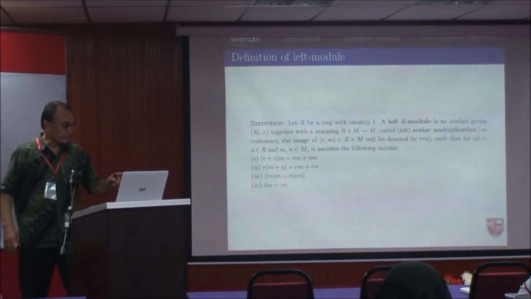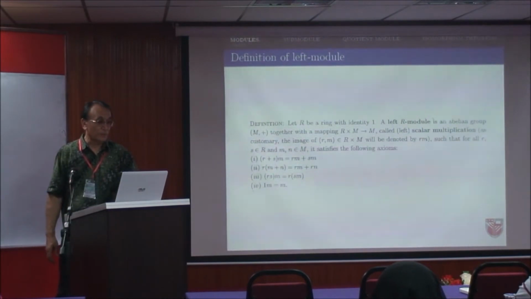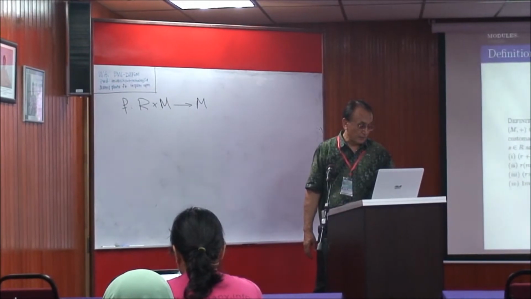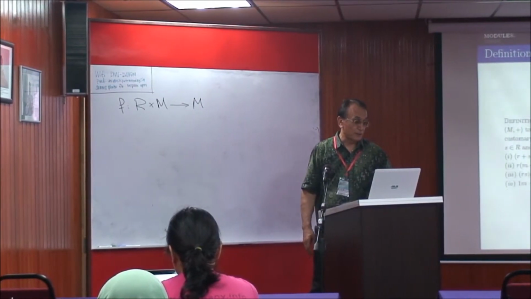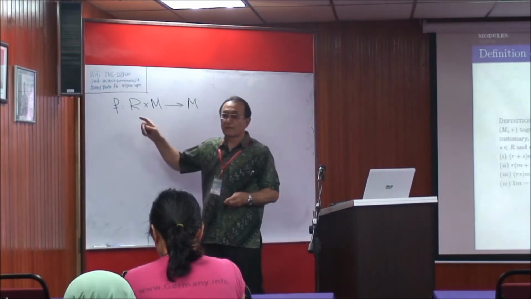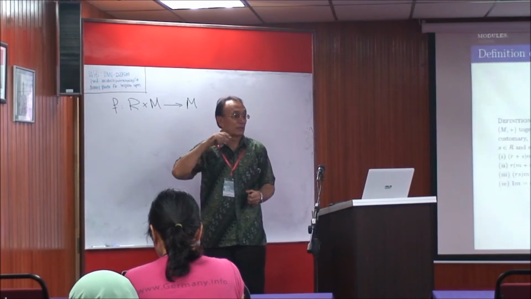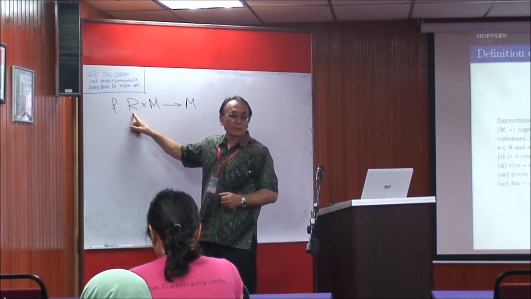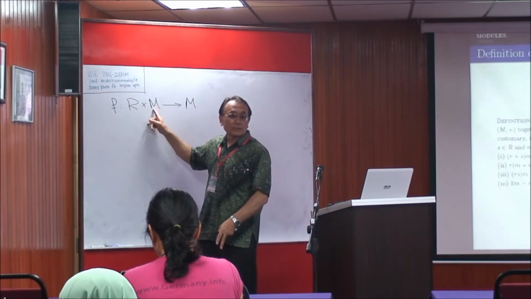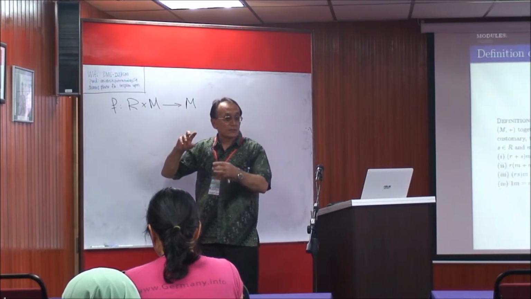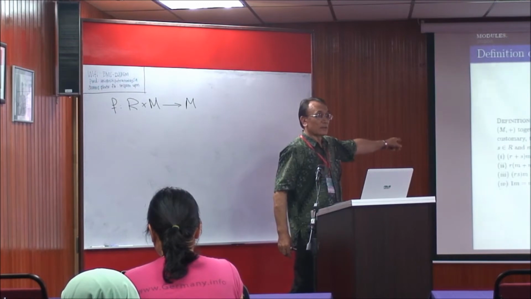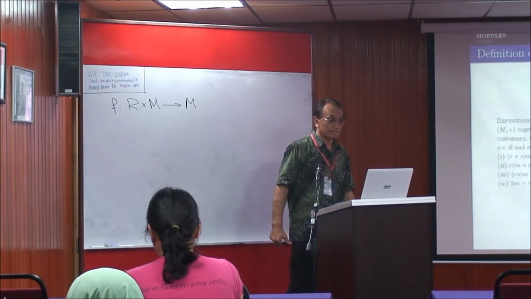This means the multiplication operation is additive and respects the action. This function must respect the operations in R, because we have two operations there, and the additive operation in M. That respectability is given by these four axioms.